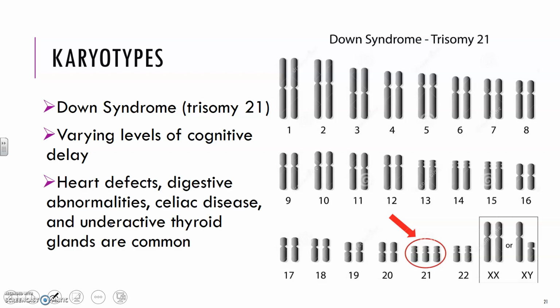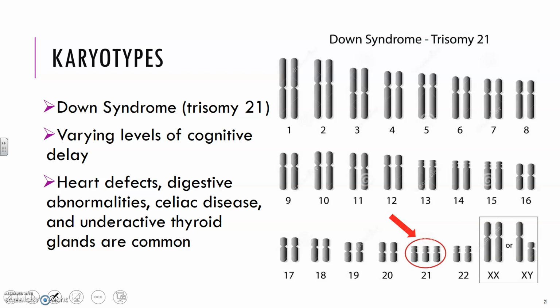Heart defects are very common with patients with Down syndrome. Digestive abnormalities. A lot of Down syndrome people have to be very careful about what they eat. Underactive thyroid glands are also common, so they can gain weight really easily. So it's kind of a battle there.